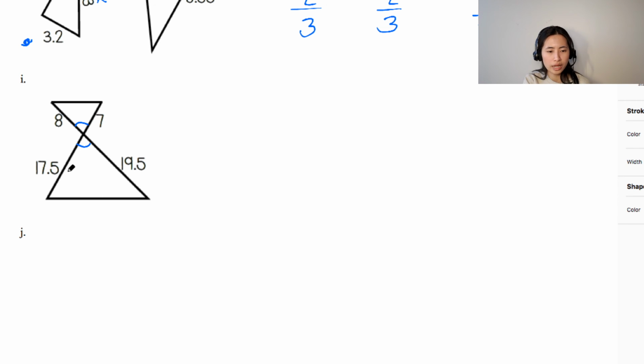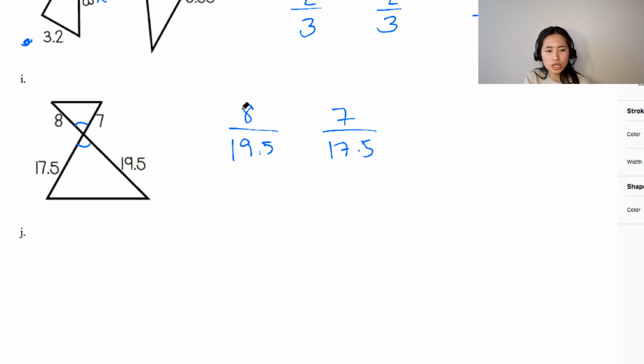Therefore, you're going to look for the side that's also longer. Between 17.5 and 19.5, 19.5 is longer. Therefore, 8 must be compared with 19.5, and 7 with 17.5.